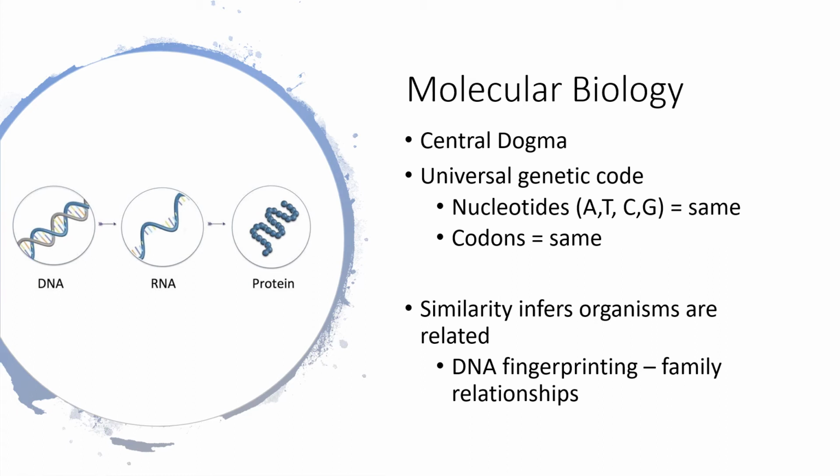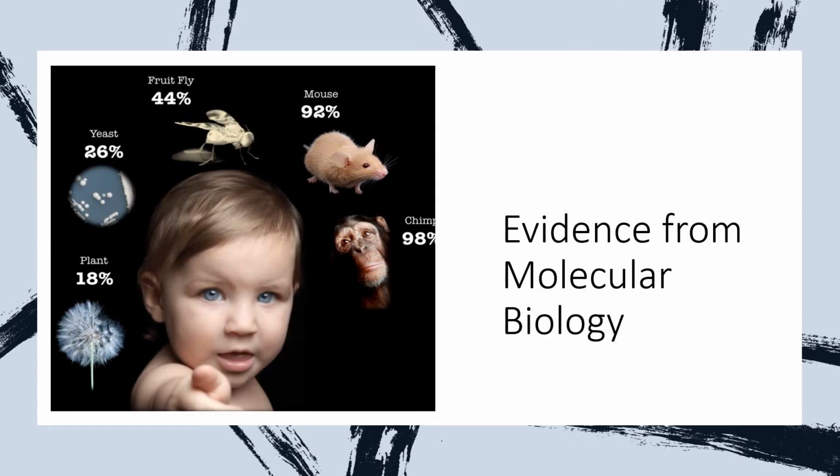All right, let's see how we can use that. So talking about how we're going to use this evidence from molecular biology to show relationships between species, we can just look at the similarity of the DNA. Humans, see, recognize the human in the middle of the picture there. Humans have 98% of our DNA sequences in common with chimps. 92% in common with mice. 26% of our DNA is the same as the DNA you find in a yeast cell.